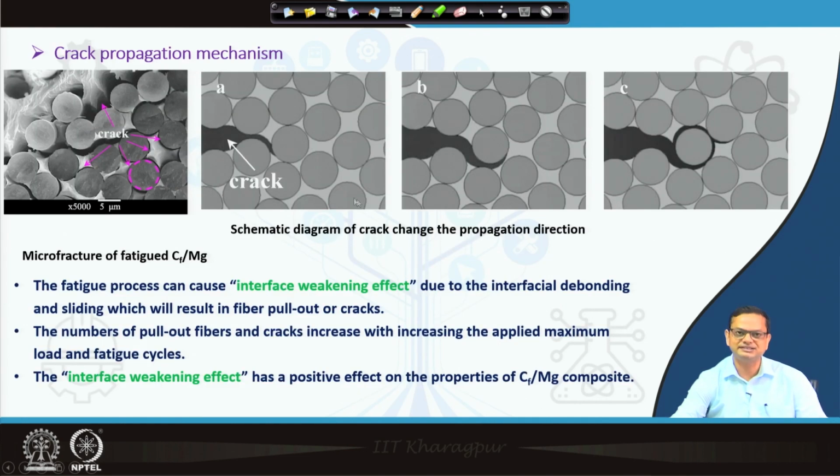Now, how does the fatigue property improve? As the fatigue loading is done, there will be crack generation as you increase the number of fatigue cycles, that is, as you increase the stress or the loading. Depending upon those two factors, there will be interfacial crack generation.